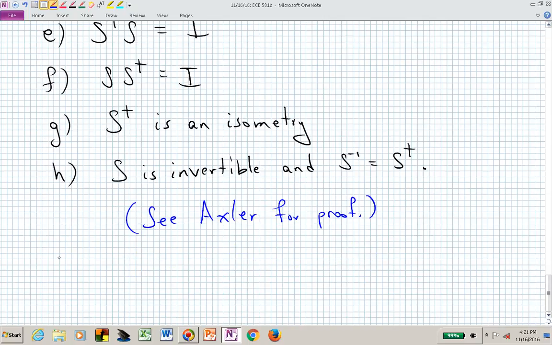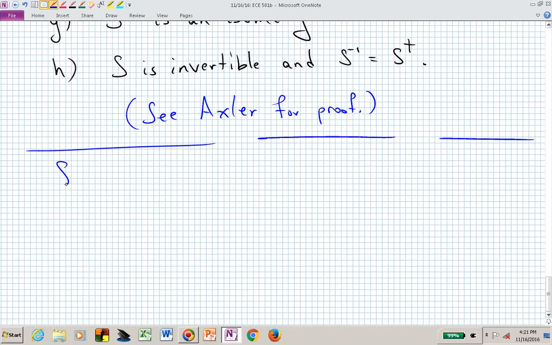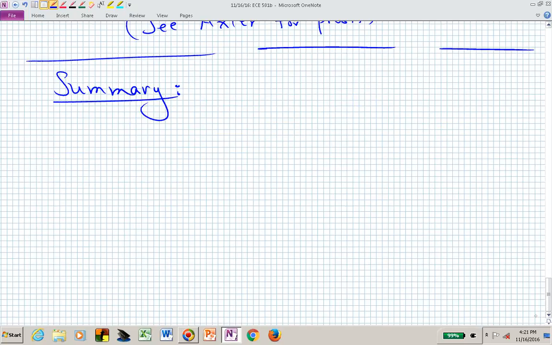Let's, instead of proving, maybe rephrase these in the form of a summary. If this operator S is an isometry, that's an if and only if its adjoint is an isometry.